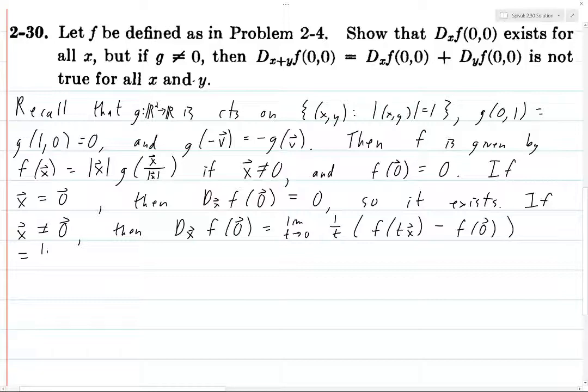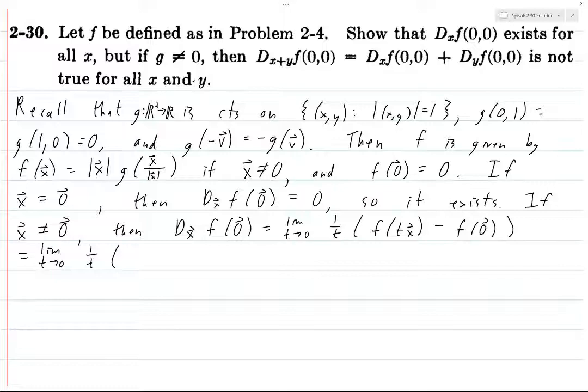We're taking the limit as t goes to 0, so t is not equal to 0, and the vector x is not 0.